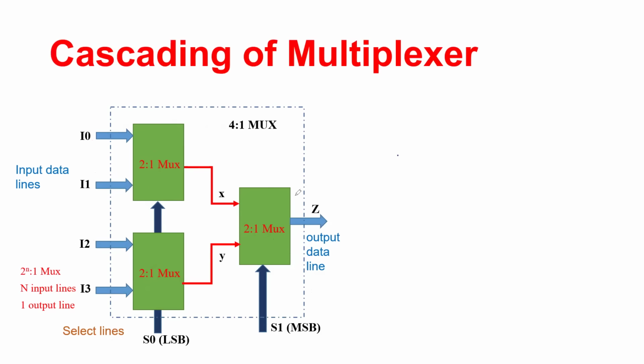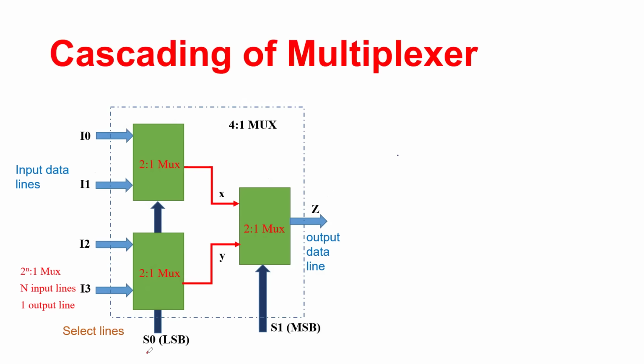Remember, the job of the 4:1 MUX as a composite is to have four data input lines and a single output line, which is precisely what we see here. So you've got 2 plus 2, four input data lines. If you see in this dotted box, outside the dotted box, right here, you've got four input data lines and only a single output data line.